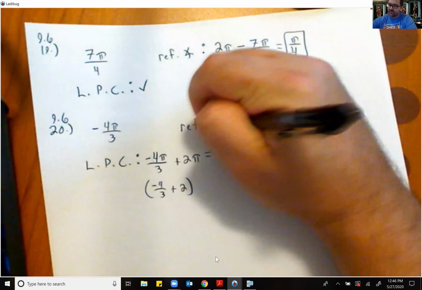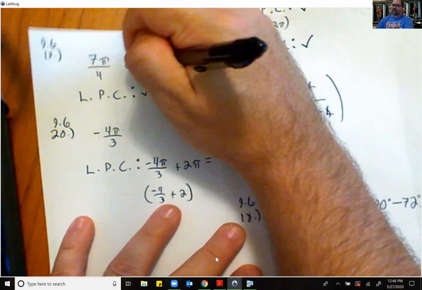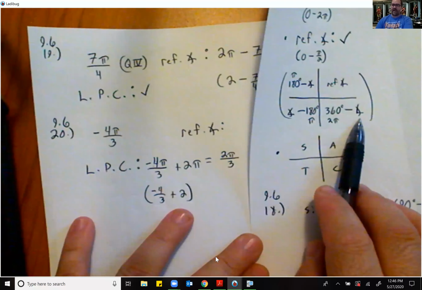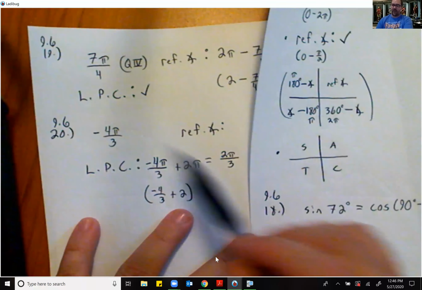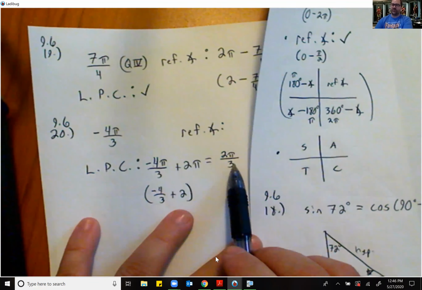So the first question is, what quadrant is that one in? So we knew this guy was quadrant 4. That's how we got to this little equation right here. So for this guy, we got to look at where is 2 pi over 3. And 2 pi over 3, that's in quadrant 2.